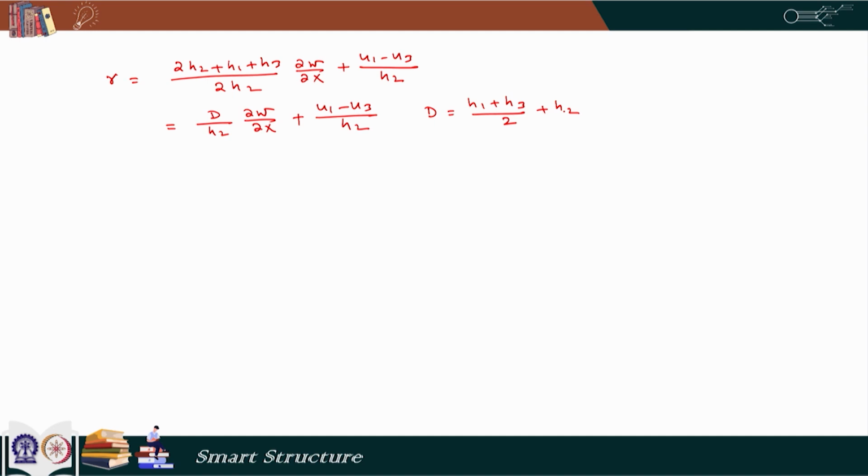Now, we have to find a relation between u1 and u3. That can be found by balancing the normal forces along the x direction.